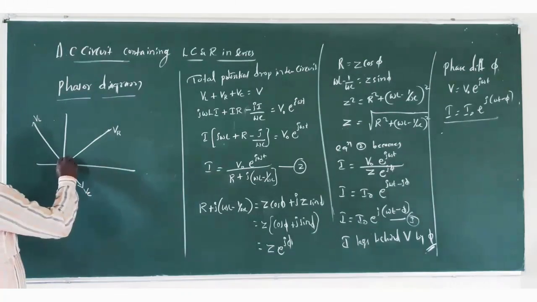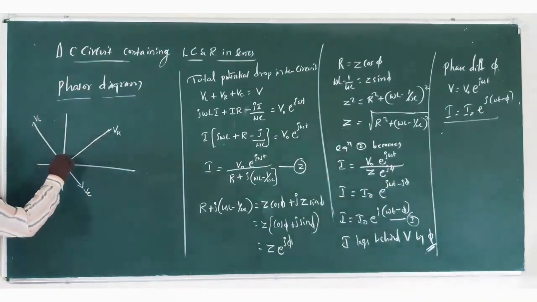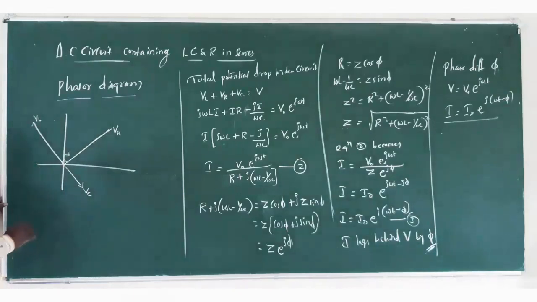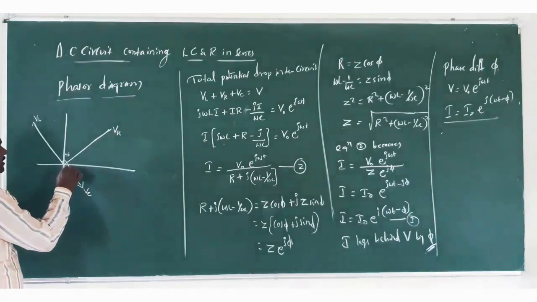We know that the angle between the voltage across the inductor and the voltage across the resistor is 90 degrees, and even the voltage across the resistor and the voltage across the capacitor is 90 degrees.